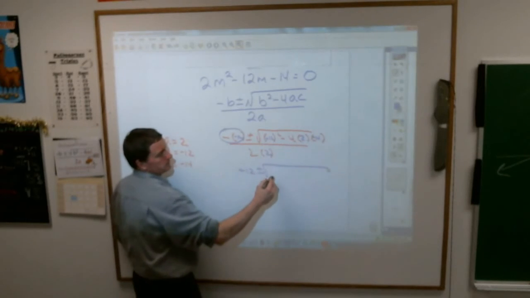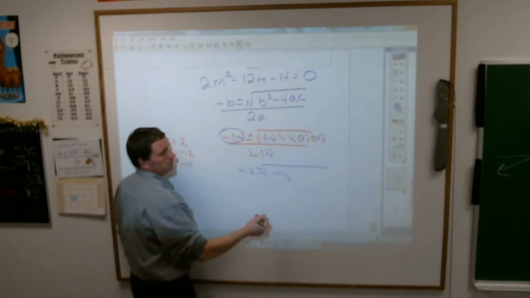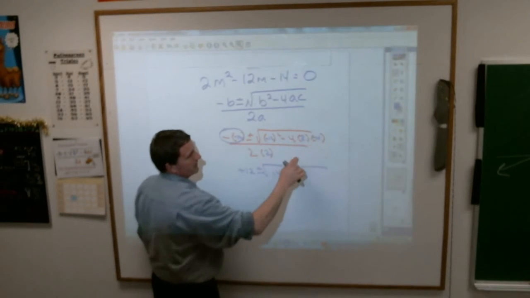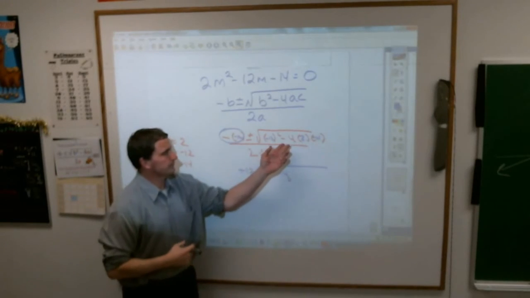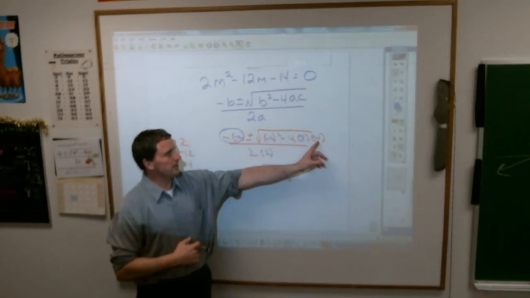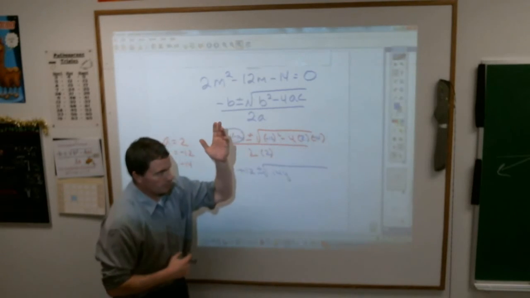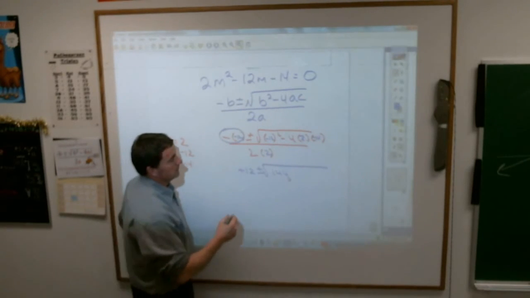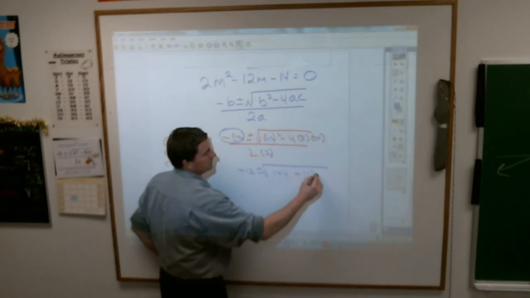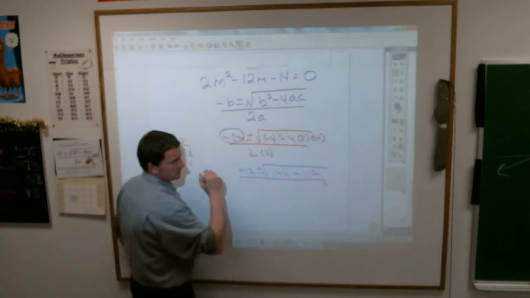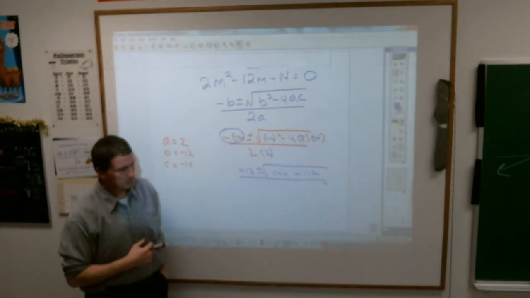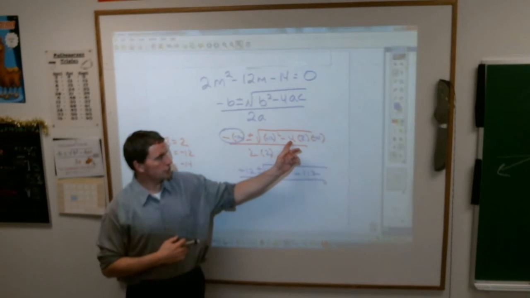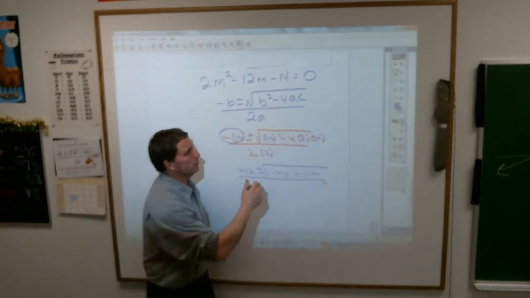Negative 12 squared, 144. Negative 4 times, well, 2 times negative 14 is what? Negative 28. 28 times 4, 112. I messed up right there. Yeah, same. Wait, how did you get 112? 4 times 2 is 8.